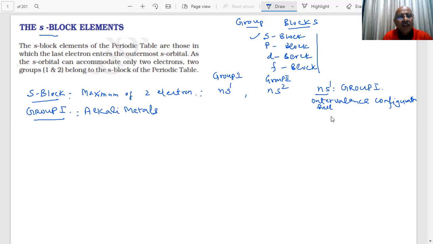Is it clear? The outer valence electron configuration I am writing like ns1.